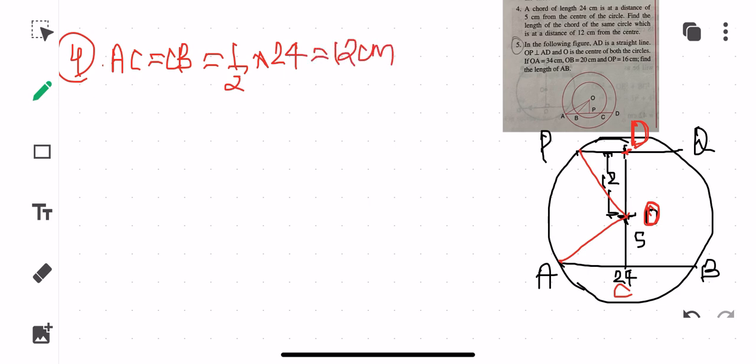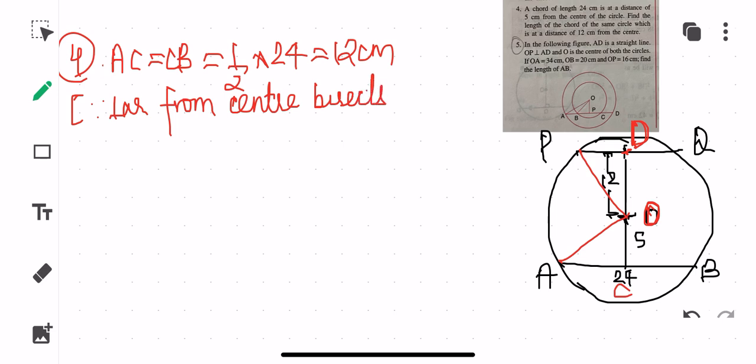And how did you know that AC is equal to CB, children? In the brackets you will be writing down, since perpendicular from center of the chord bisects the chord. So therefore you came to know that both of them are equal.